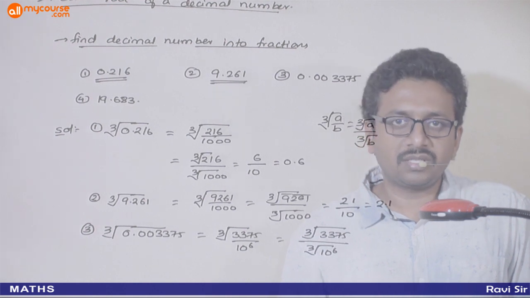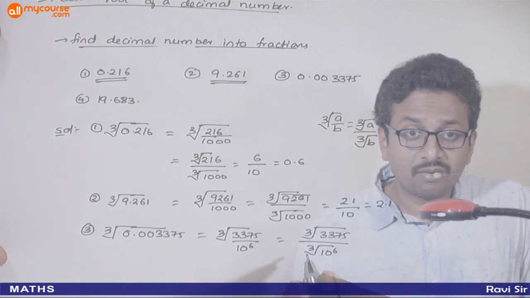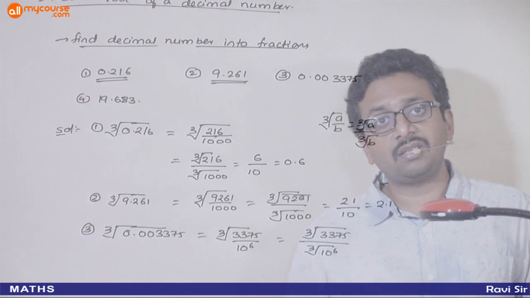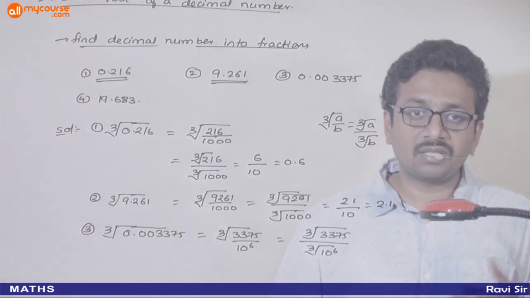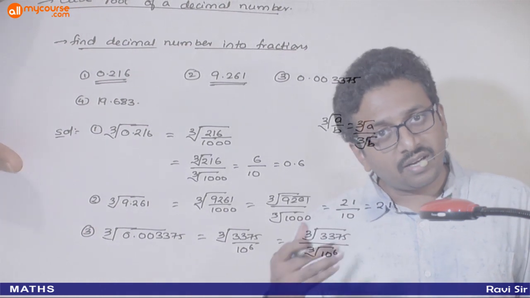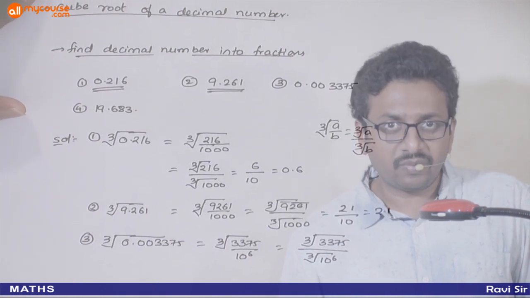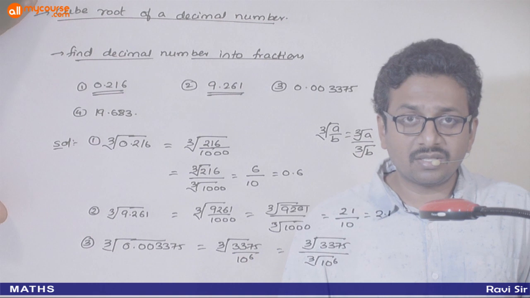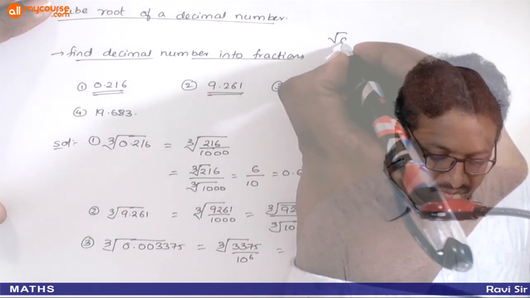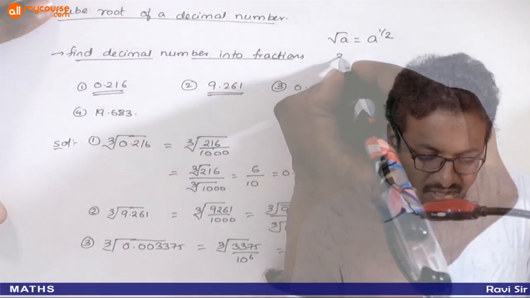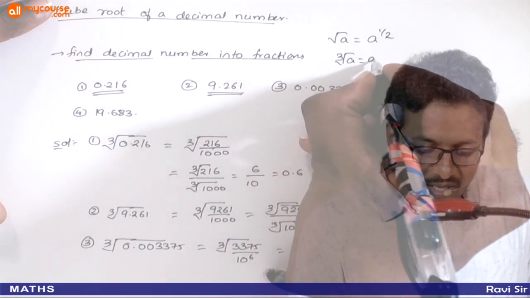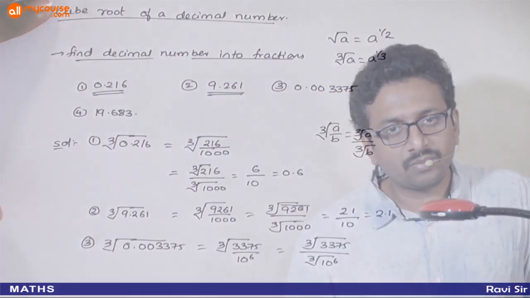Now the cube root of 10 power 6, because cube root is the power 1/3. Just as square root, if written in exponential form, will be power 1/2. We have learned this in square roots. Square root of a can be written as a power half. Similarly, cube root of a you can write as a power 1/3.